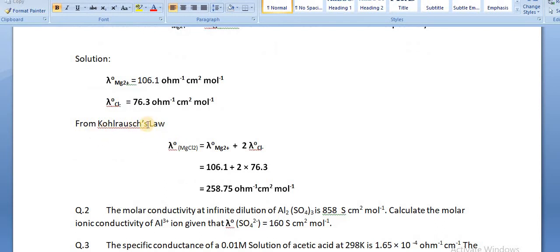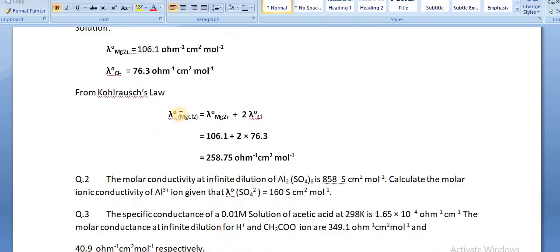And from Kohlrausch law, as we know, lambda at infinite dilution, also denoted by naught, of MgCl2, magnesium chloride, will be equal to magnesium ion Mg2 plus plus 2 chloride ions. As we know, the number of ions is written in front, 2 Cl minus.